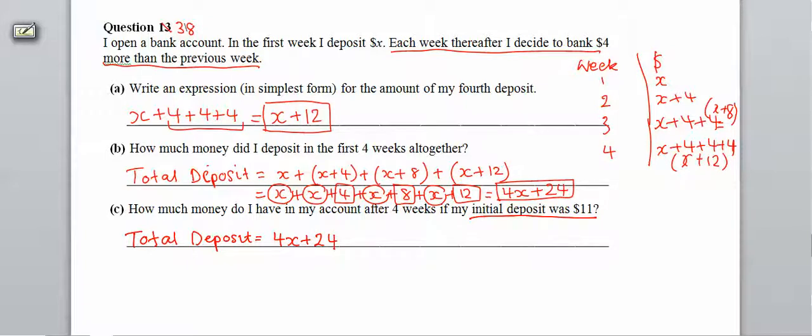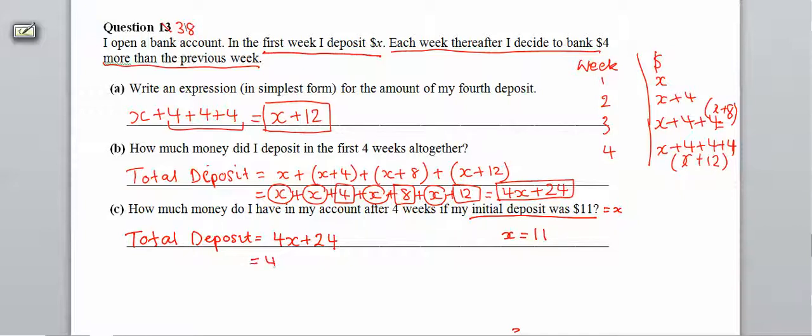And from the start of the question, we know that our first week deposit is X. So that's our initial deposit here, which equals X. So we know that X equals 11.